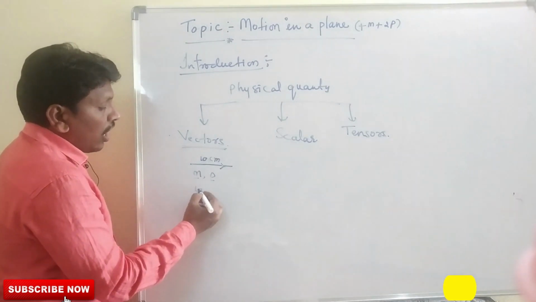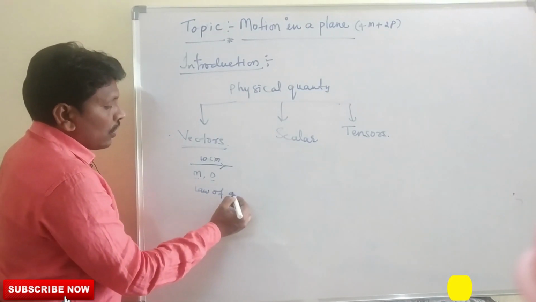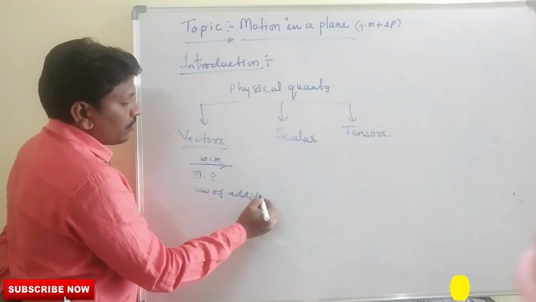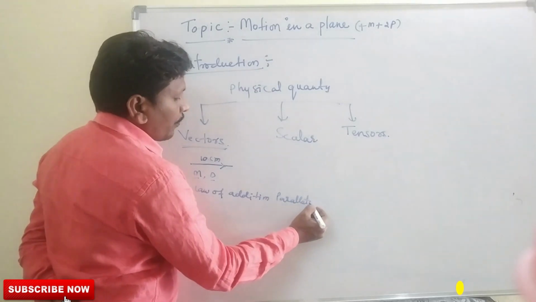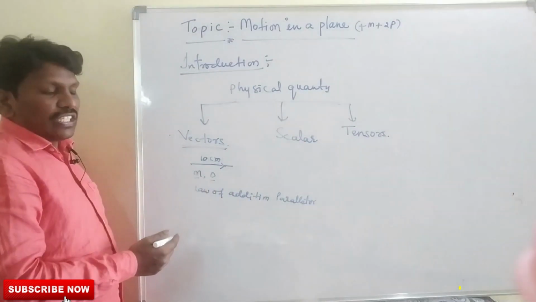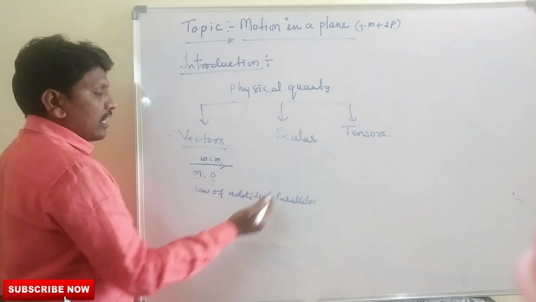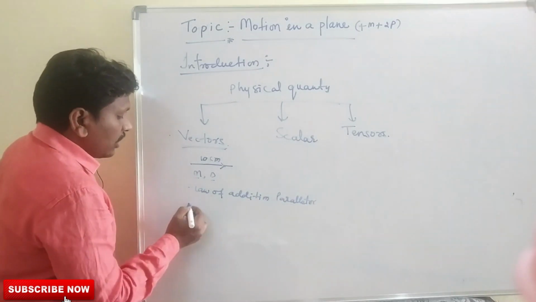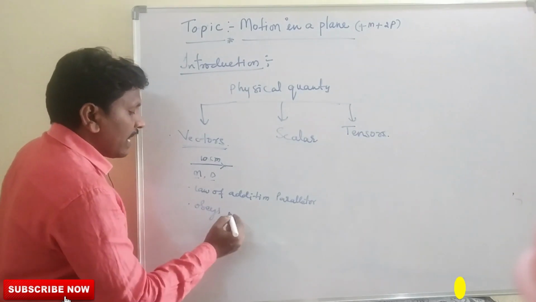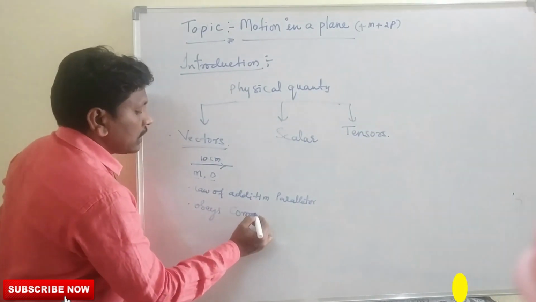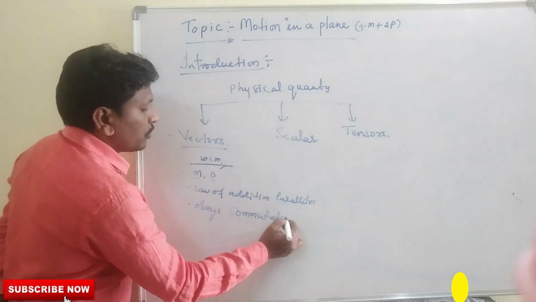A quantity which has magnitude and direction and also obeys the parallelogram law of addition, otherwise called the law of vector addition, and also obeys the commutative property.